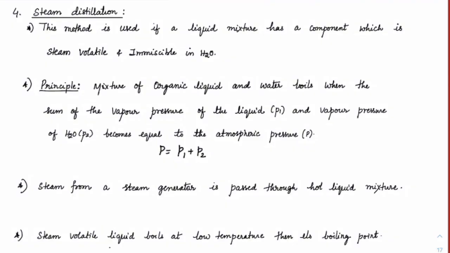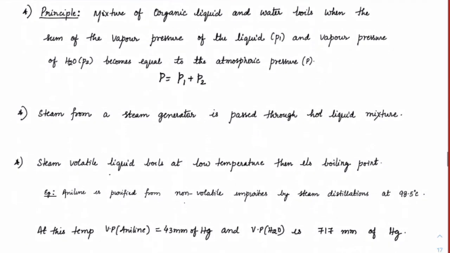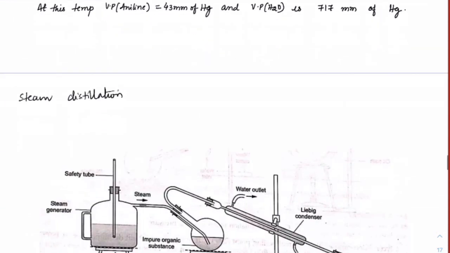Now what we are doing in steam distillation? Here the principle behind steam distillation is to make sure water helps in vaporization. So the water comes as steam and that will help the vapors to come out. I'll tell you one example here.